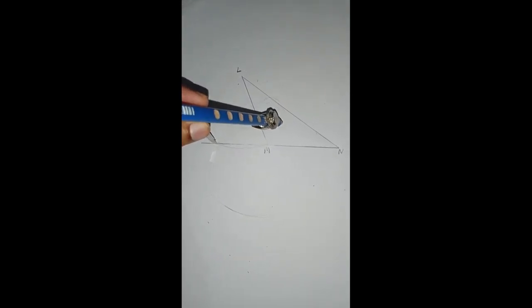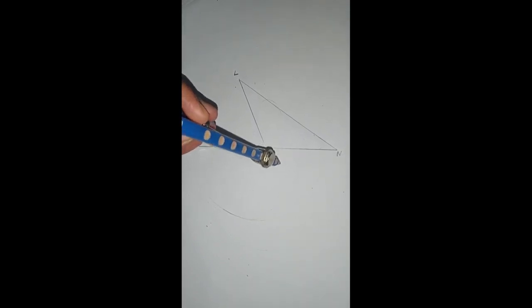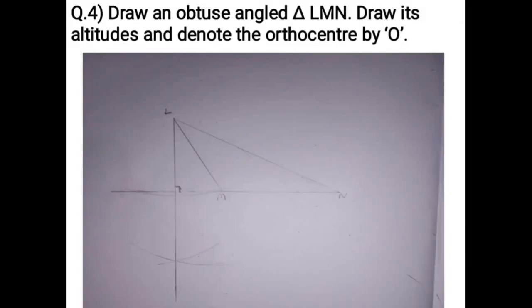Now keep the rounder on this arc and intersect this arc. Then draw the straight line, and that forms an altitude of segment LM. I have drawn and joined an altitude of segment LM in this way.